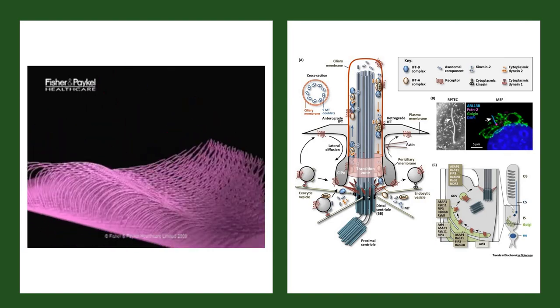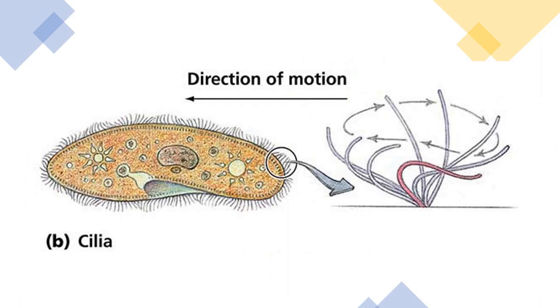Now, when we talked about flagella, remember the flagella for these organisms is the direction that they moved. For the cilia, it really doesn't affect the direction that much, because you have this rhythm of cilia all over the body, and it's kind of like oars in the water.